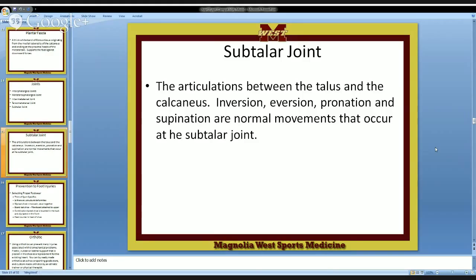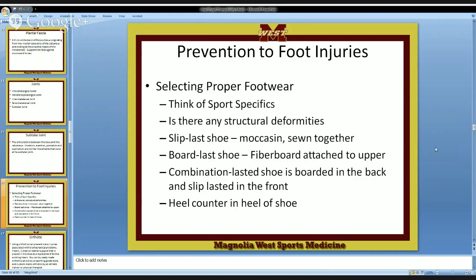Supination? No. Prefix? All right. So let's prevent some foot injuries. An ounce of prevention is worth a pound of cure.